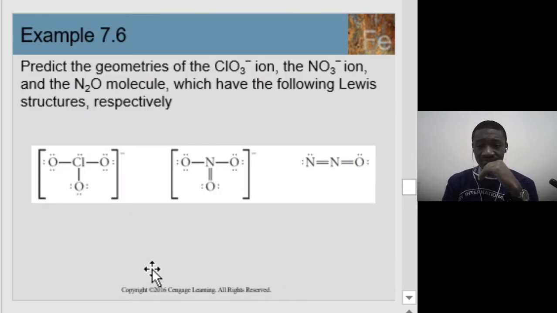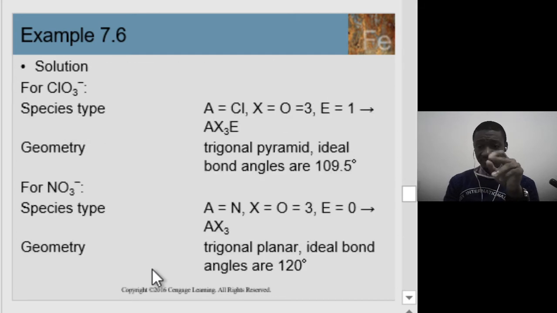Remember we did some of this previously, hypochlorite, where you have the ClO minus. So you see the shapes now get a lot more interesting as well.